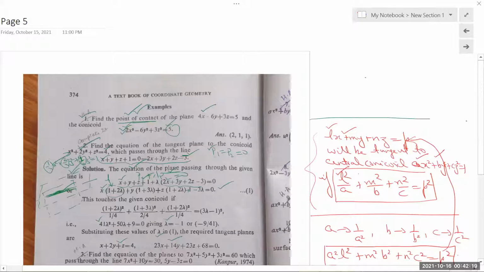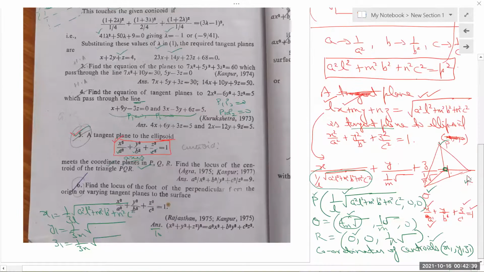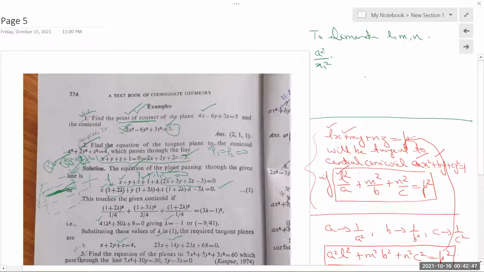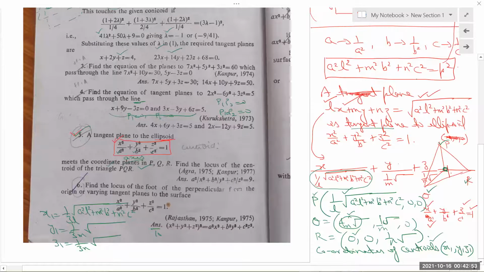let me write here. Now, one can observe what will be a square x1 square. Look from here: why are we doing a square x1 square? Because on squaring both sides, I have x1 square.